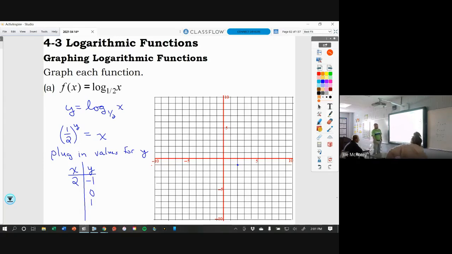Plug in 0. 1/2 to the 0 power is 1. I'll plot the point 1, 0. I will plug in 1. 1/2 to the 1 power is 1/2. I will plot the point 1/2, 1.